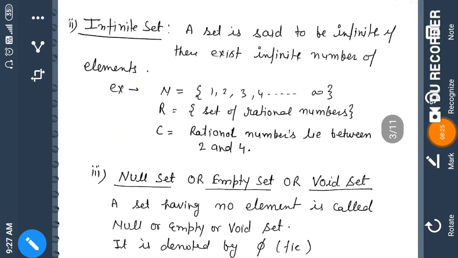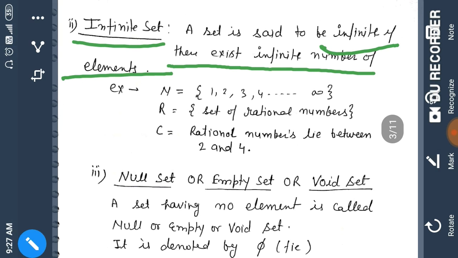Similarly we have infinite set. Infinite means we are unable to count the elements. So what will be the definition of infinite set? A set is said to be infinite if there exist infinite number of elements. For example, the set of natural numbers N is equal to 1, 2, 3, 4, dot dot infinity. Number 2, the set of real numbers.